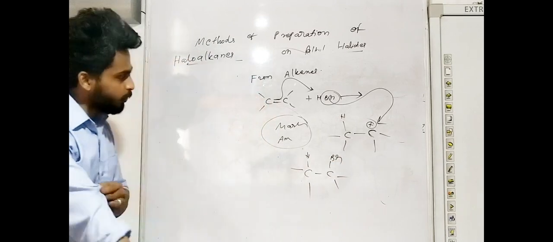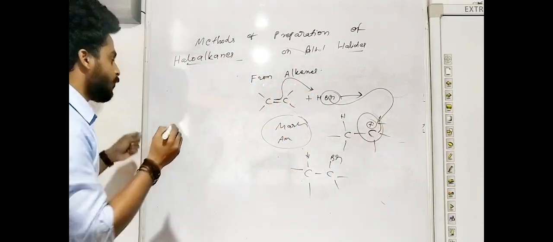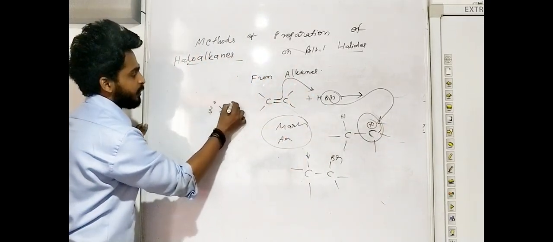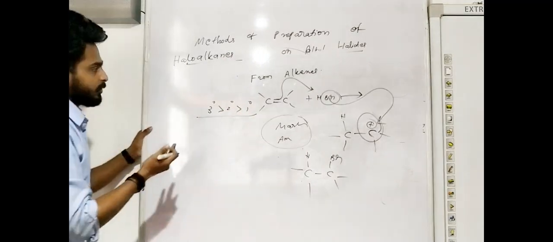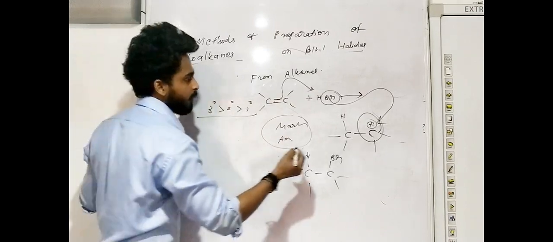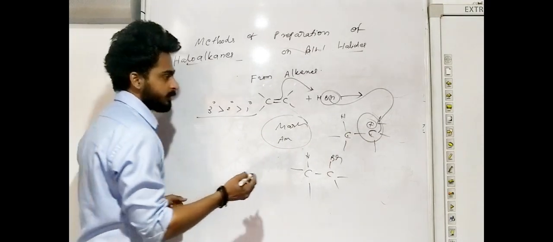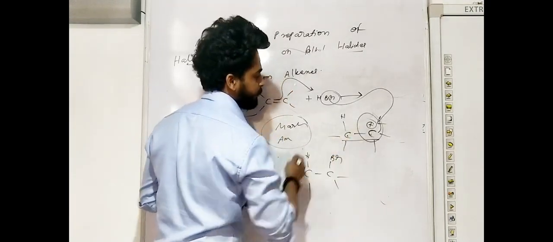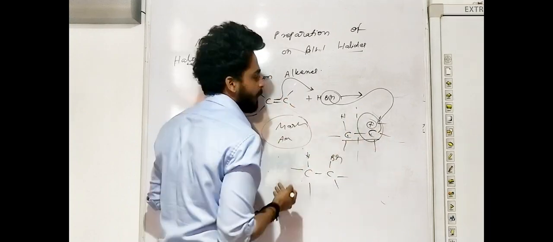So the Markovnikov rule says that carbocation stability goes tertiary, secondary, primary. So if there is any carbon having a tertiary carbocation, that will be more stable than the secondary and primary. Here the same carbon is secondary, so there is no change in carbocation stability because it is the same. Because if you rotate this compound by 180 degrees, we will get the same compound.